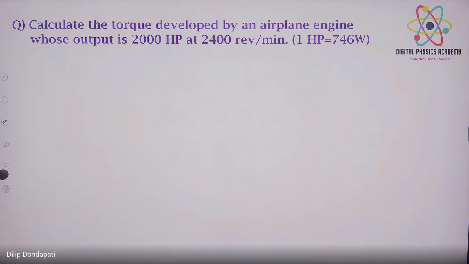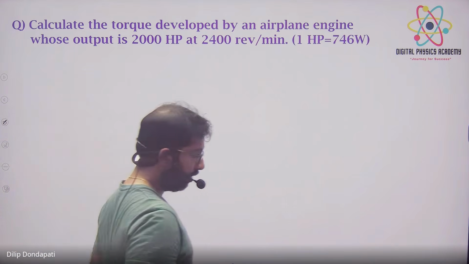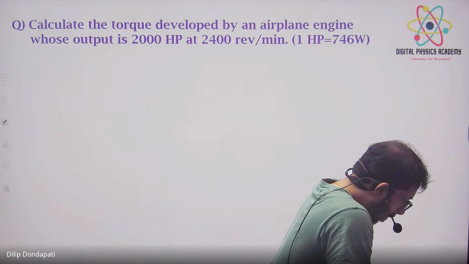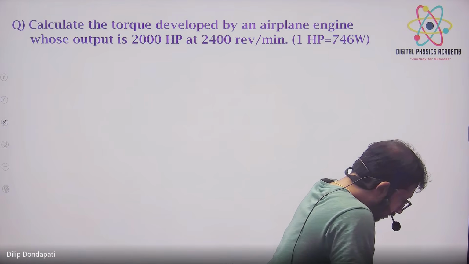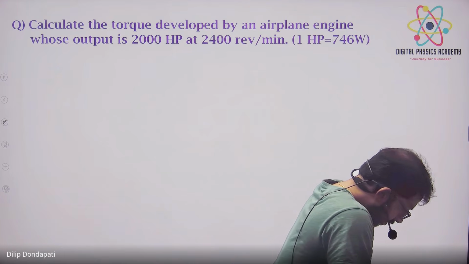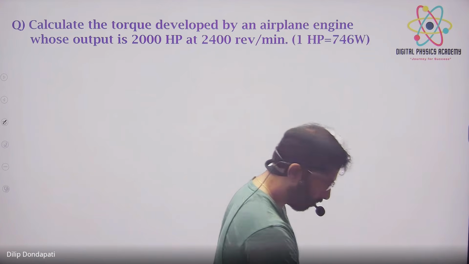Calculate the torque developed by the aeroplane engine whose output is 2000 HP at 2400 revolutions per minute. 1 horsepower, you know already, right? 746 watts. Sir, will you get it in pi only?